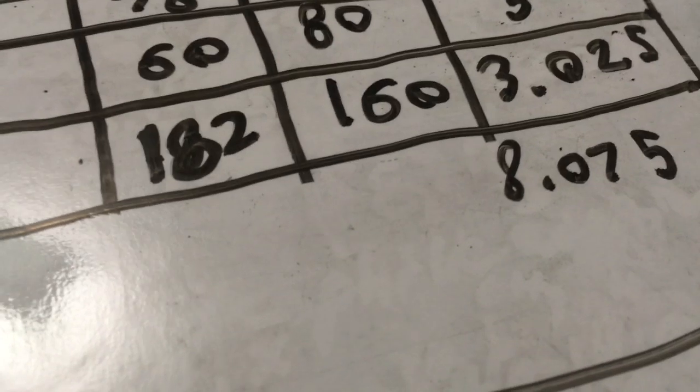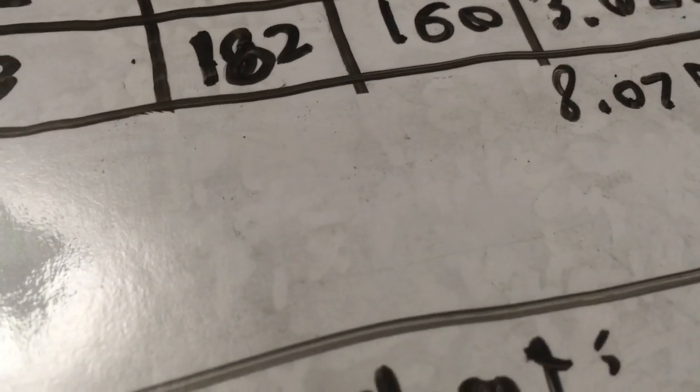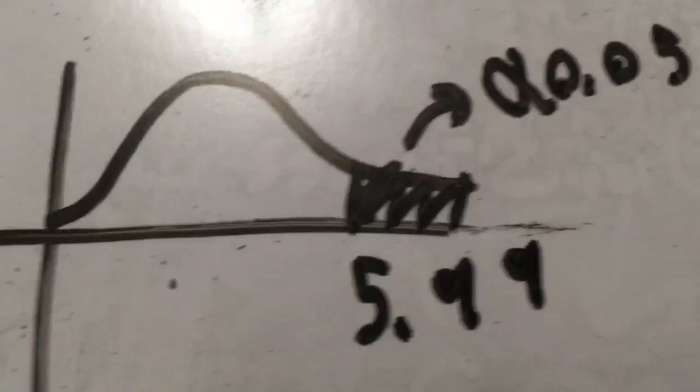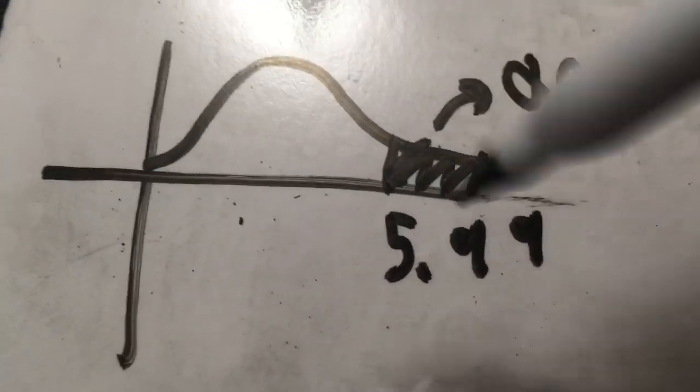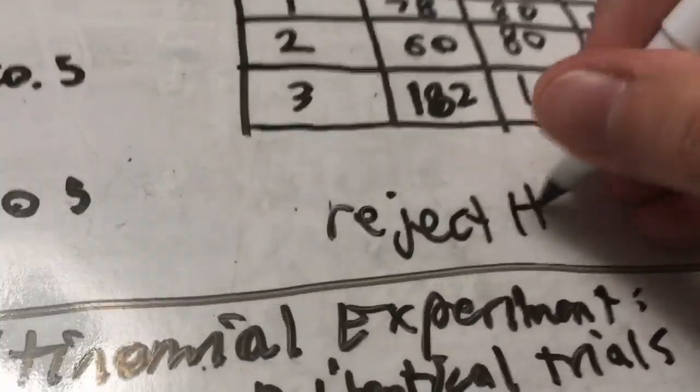And what we get is an 8.075. So basically our statistic falls within the rejection region, which is here in the graph. And so what we do is we reject H0.